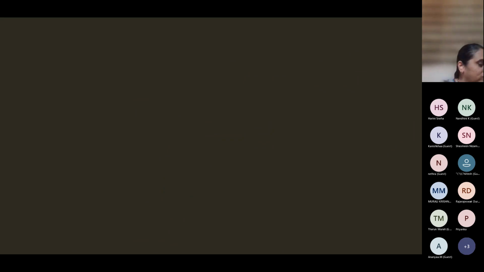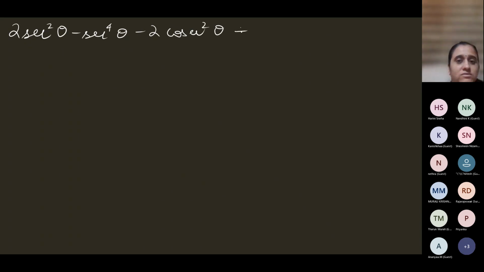Again, same heading, prove the trigonometric identity. I'll give you a very interesting one. 2 secant square theta minus secant theta to the power 4 minus 2 cosecant square theta plus cosecant theta to the power 4 is equal to cot theta to the power 4 minus tan theta to the power 4.